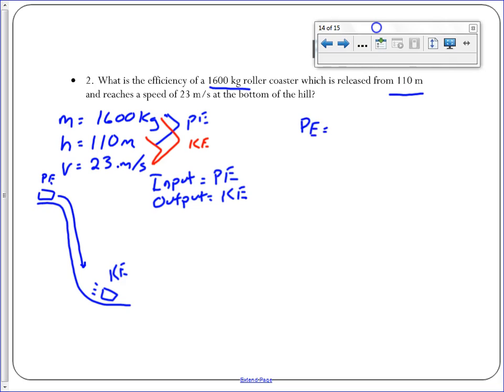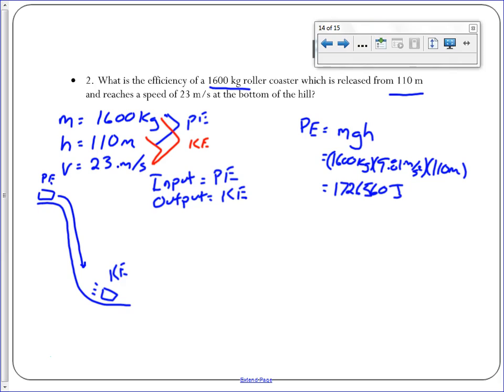Potential energy, as we know from before, is mgh. So we have 1,600 kilograms times 9.81 meters per second squared times our height of 110 meters, to give us an answer of 1,726,560 joules.